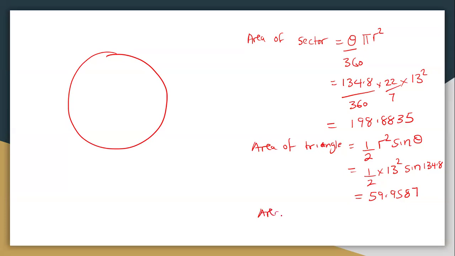Then the area of the shaded, and let me hope I'm placing my calc well, is 198.8835 minus our answer. You'll get something like 138.9247, and these are centimeters squared. So those who are not getting it, that's what you had to do.